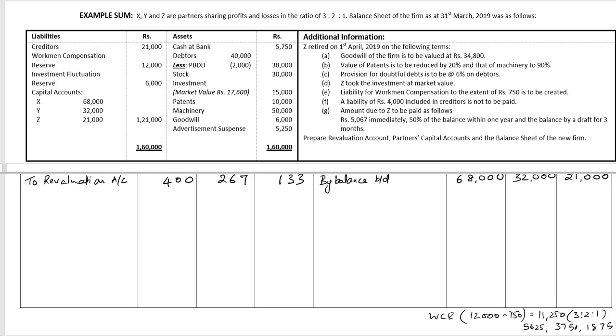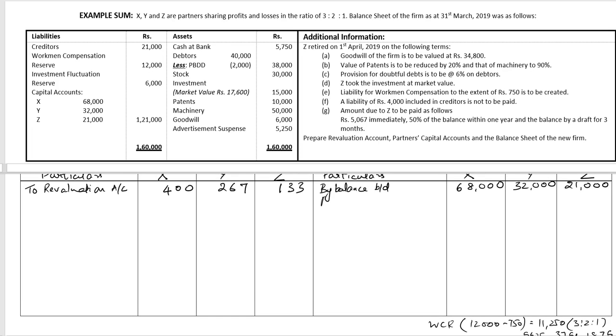So let's enter that by workman compensation reserve account 5,625, 3,750 and 1,875.